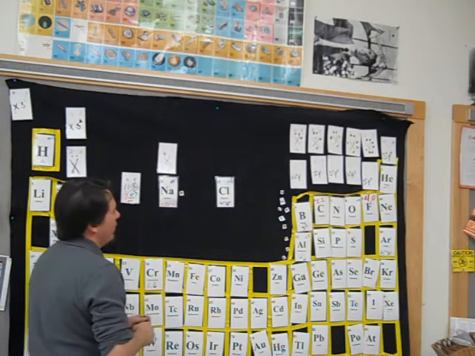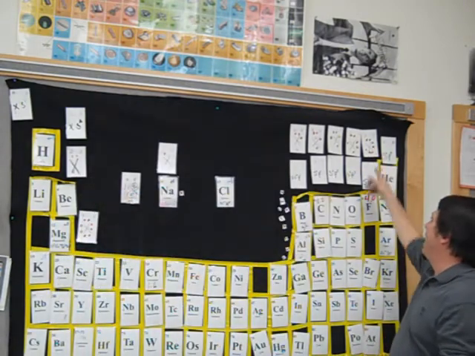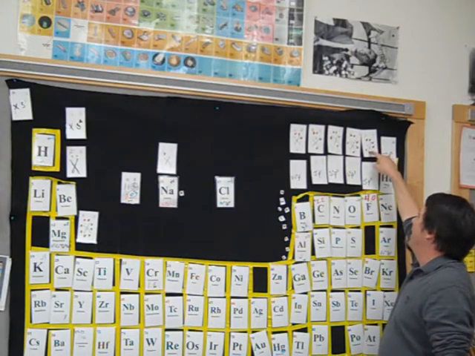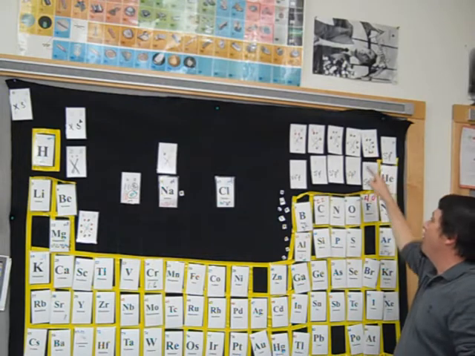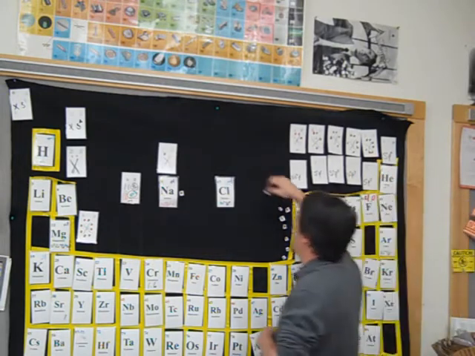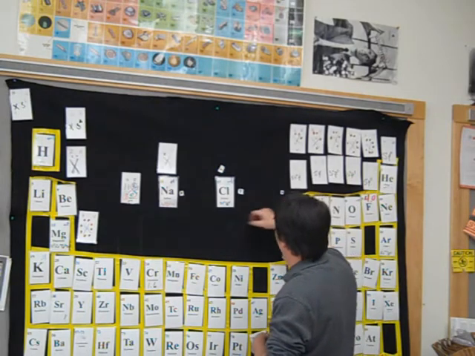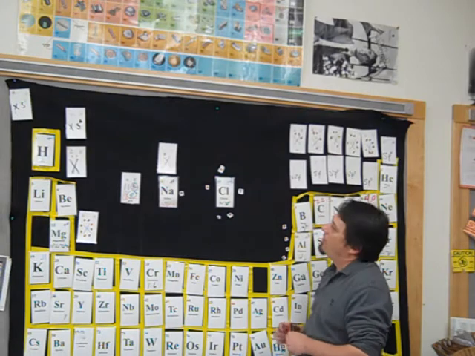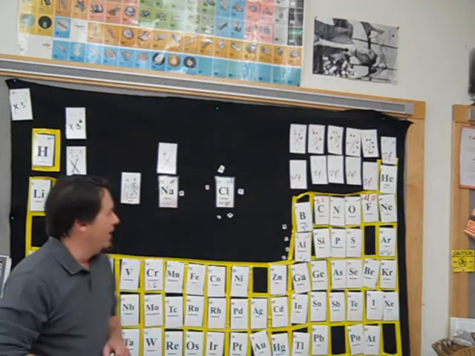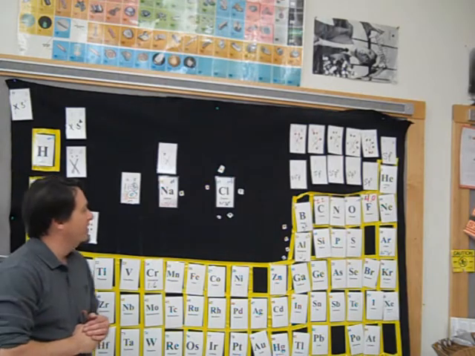Chlorine is over here in column 7A, and it has 7 outer electrons, 3s2 3p5, only 1 electron away from real, true happiness, and so there's 2, there's 4, here's 2 more, and here's 1. And so chlorine's just hanging out and wishing it was stable, like all of us do.